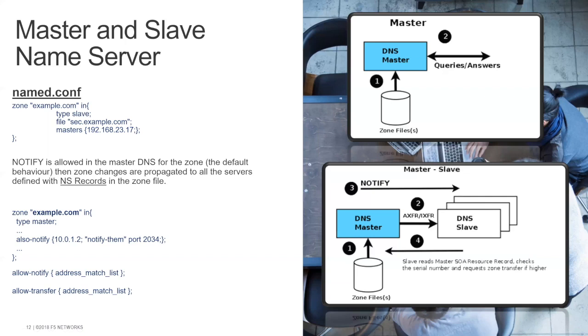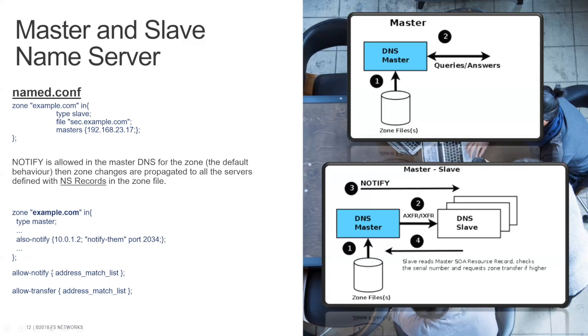The master server configuration can be found under named.conf in this format. Zone example.com, the type is either master or slave. This is the example of a slave DNS server where the master DNS server IP address is 192.168.23.17. Below is the example of a master server where it allows notify of the secondary server, which has the IP address 10.0.1.2.